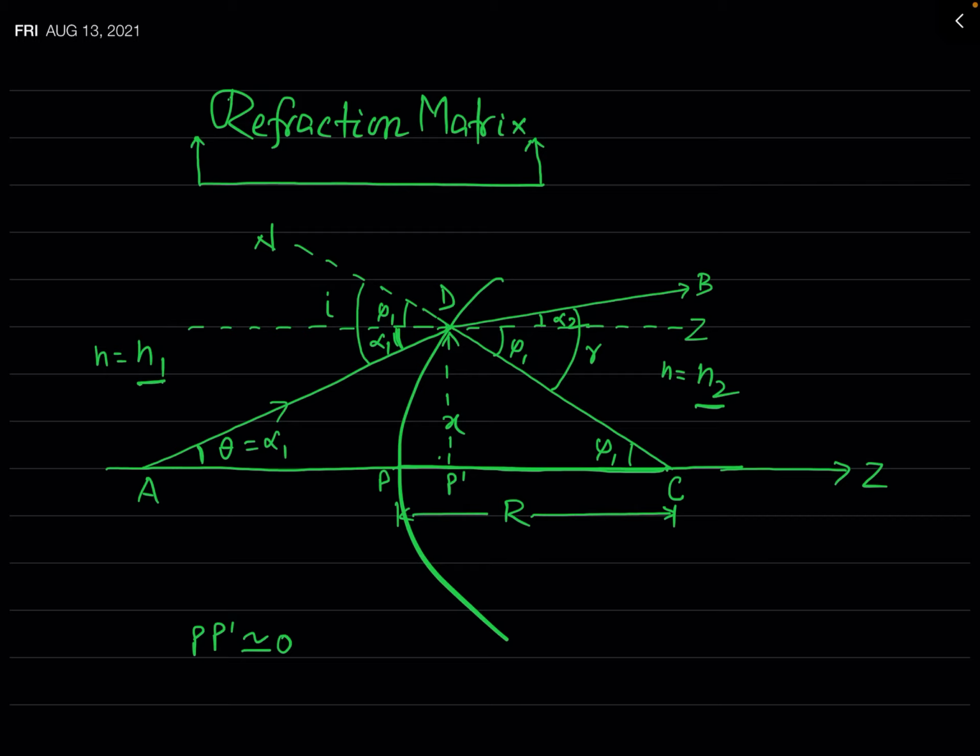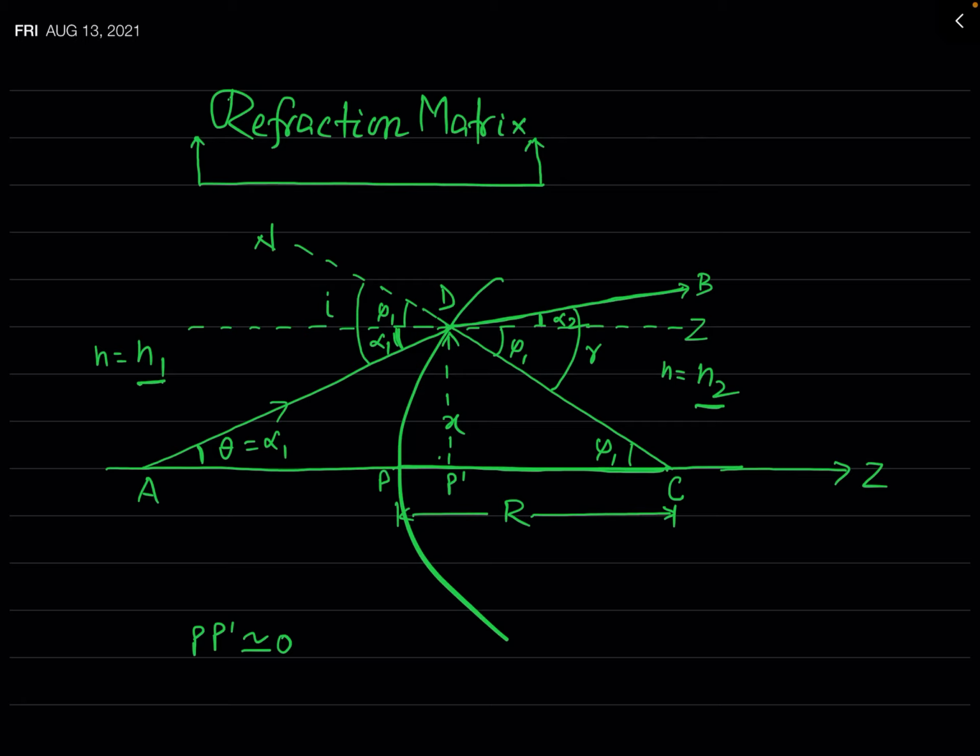Now since the refractive index of the medium changes, the direction of the refracted ray will be different from the incident ray. And so let us consider that this DB is your refracted ray, and this refracted ray makes an angle alpha 2 to the z-axis. Is it clear? Now let us see.